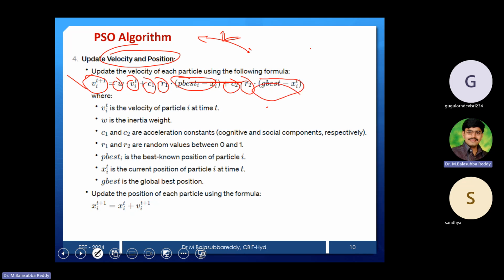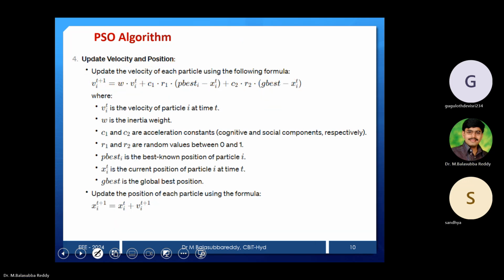So what is the formula? You can easily remember: P best minus Xi is one factor multiplied with some constant, C1 into R1, plus C2 into R2 into, instead of P best, G best minus Xi. Like that, we can easily update the velocity.